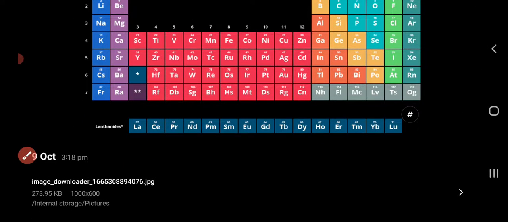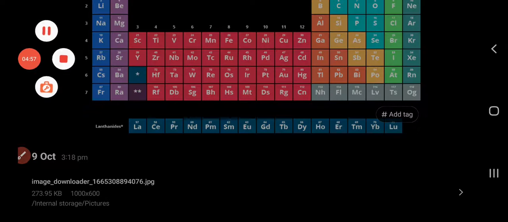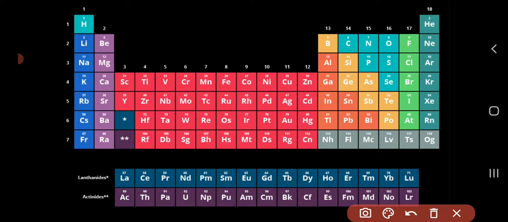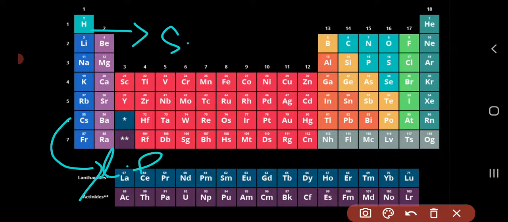The seventh period is known as the incomplete period, because newly discovered elements are fitted into the seventh period only. Up to now the seventh period contains 32 elements. The longest period is the sixth period, and the shortest period is the first period.